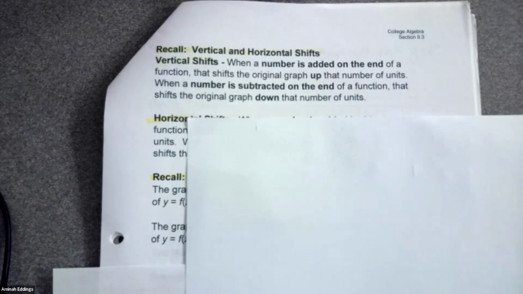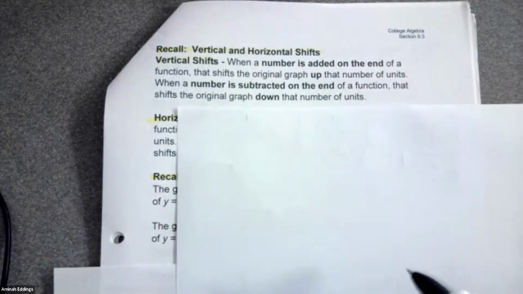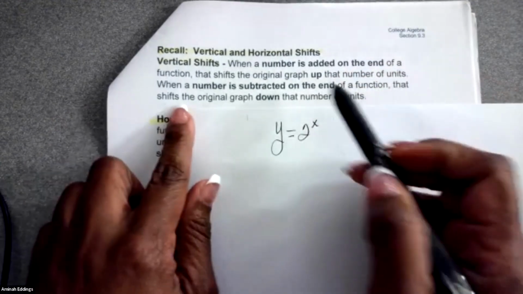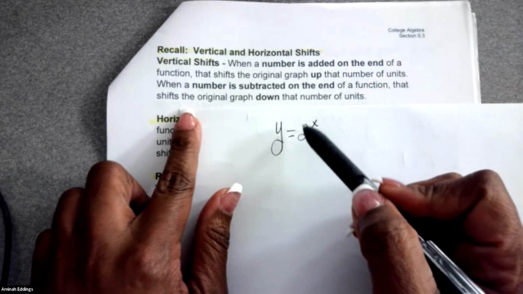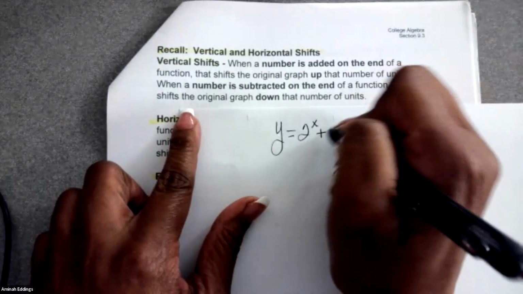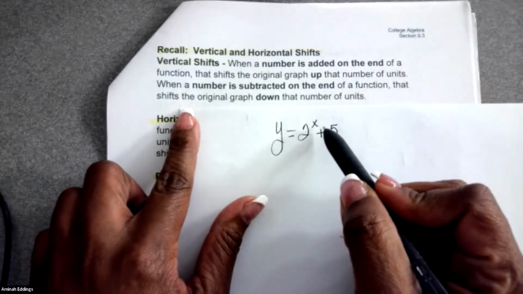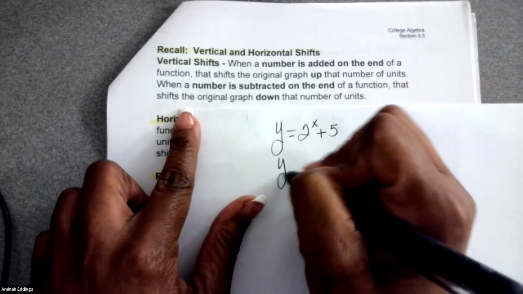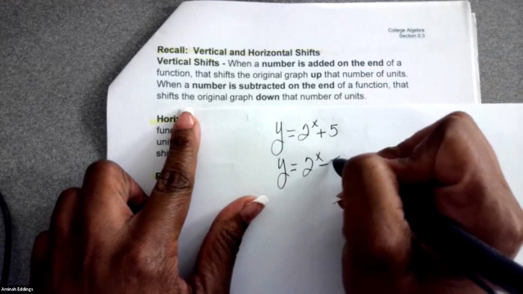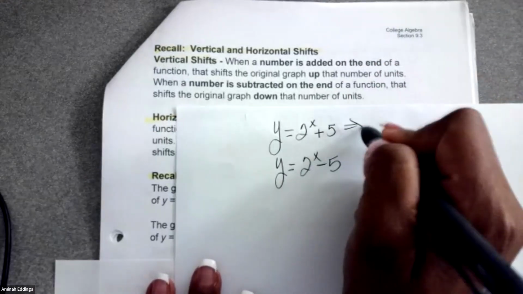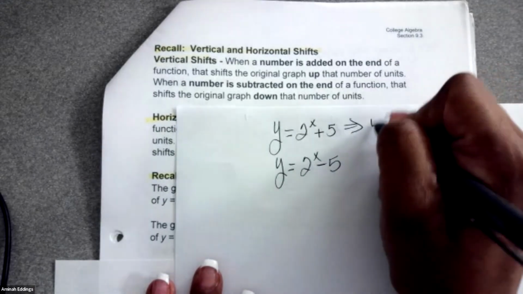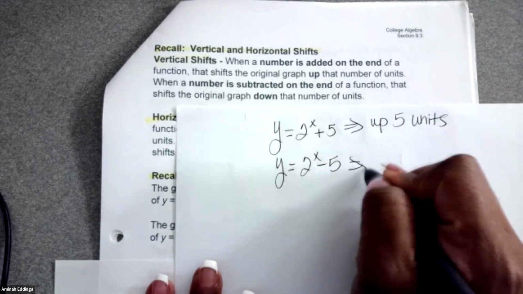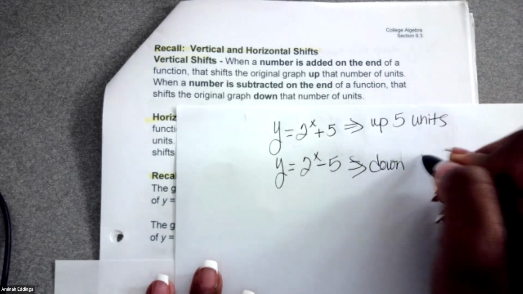So remember, let's say we start with our parent function of y is equal to 2 to the x, okay? So if I want this graph to shift up, I can add a number to it. So if I add 5, then that means my entire graph is going to shift up 5. If I subtract 5, that means it's going to shift down. So here we're up 5 units. Here we are shifting down 5 units.